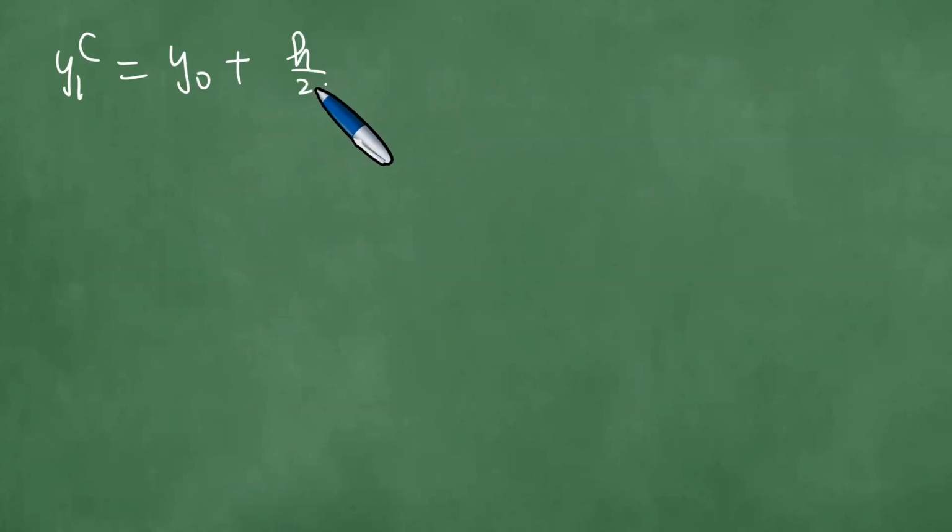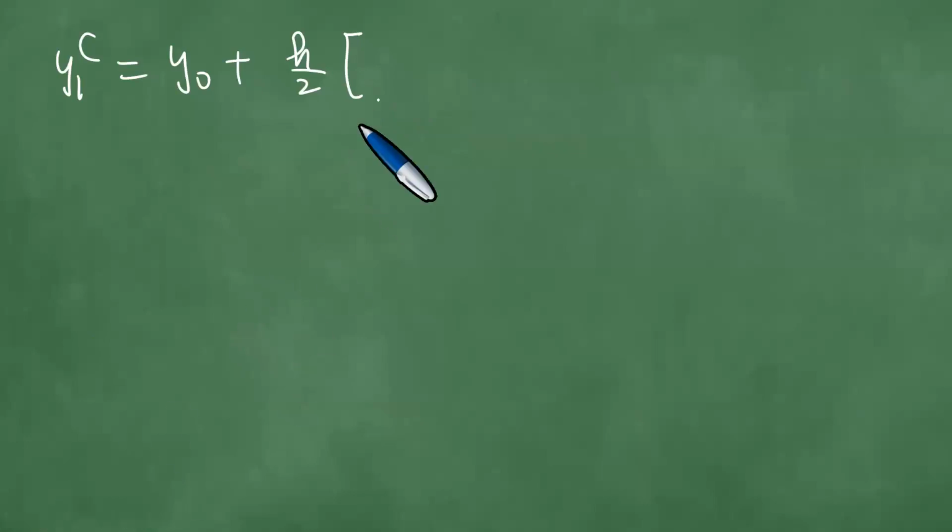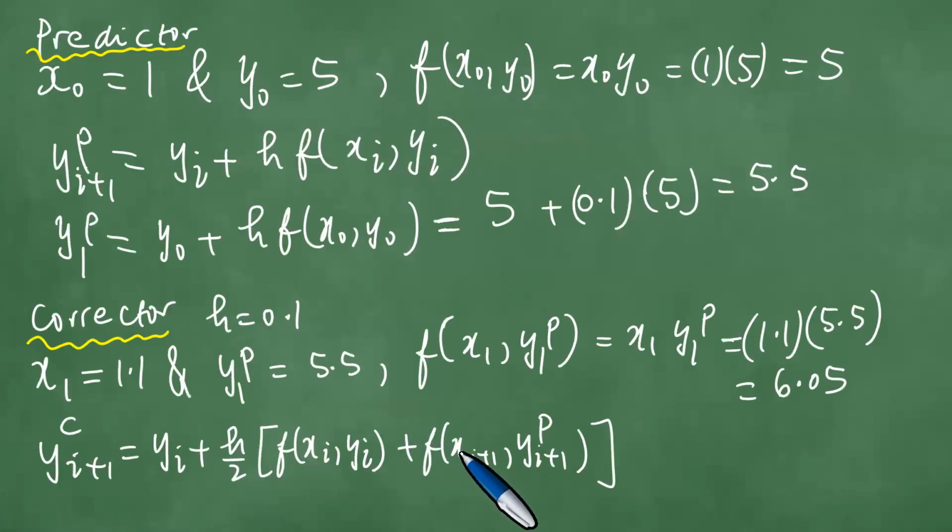We're going to summarize this in a table, because now we're just doing these calculations. Then this is x0, y0, f of x0, y0, plus. And then here, this one is going to be x1, because when i is 0 here, it's going to be x1.